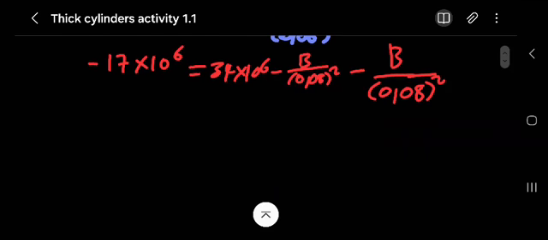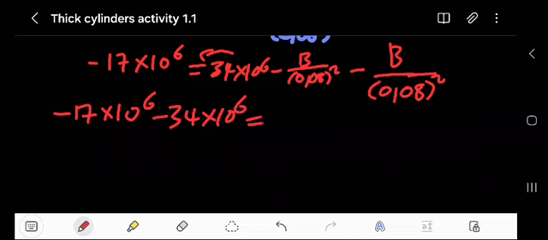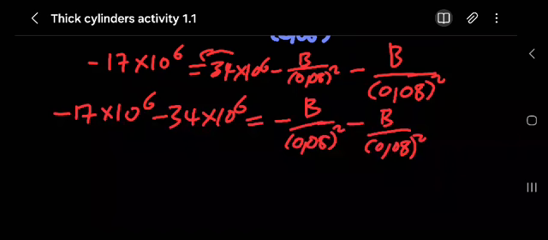So this is math. Constant, I will have minus 17 times 10 to the power of 6. Then I take that to the other side, so this will be negative 34 times 10 to the power of 6. Here we have minus B all over 0.08 squared, minus B all over 0.08 squared.